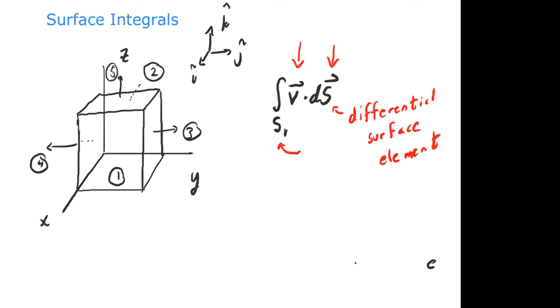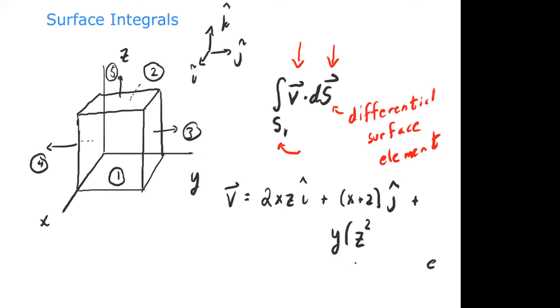So let's pick a problem where I do all of this. V is going to be a vector that's 2xz i hat plus (x plus 2) j hat plus (y z squared minus 3) k hat. So that is my vector. So that's 1 down, 2 to go.